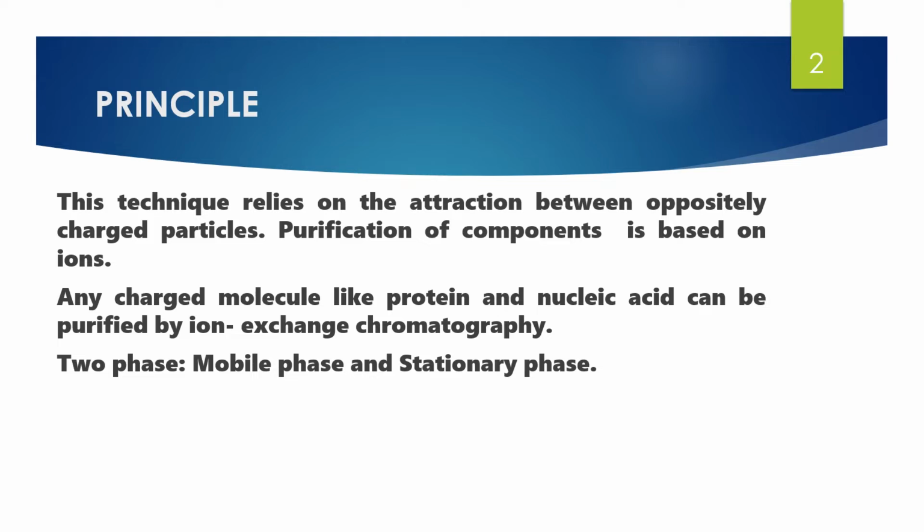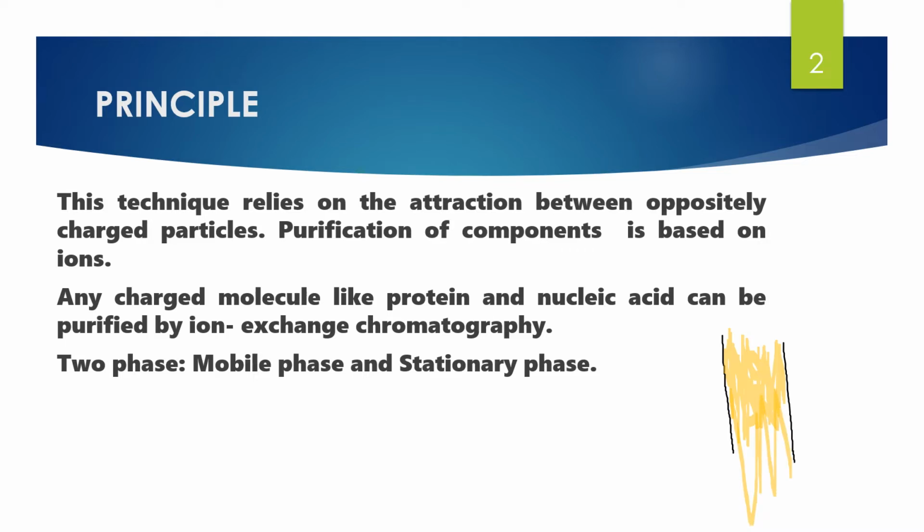So let me show you with the diagram. This is the column, and this column is filled with the stationary phase. This yellow color is the stationary phase, like resins.